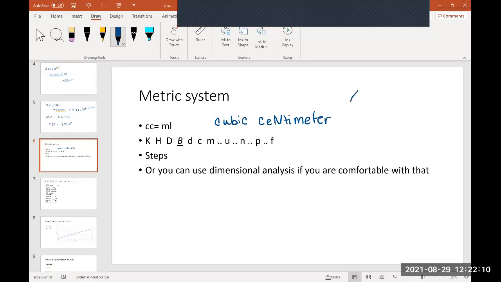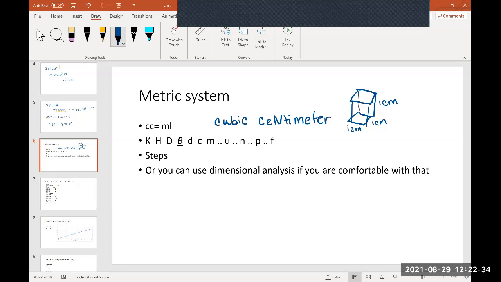And that means when we say a cubic centimeter, we have 1 centimeter in width, 1 centimeter in length, and 1 centimeter in height. That's what we mean by a cubic centimeter.